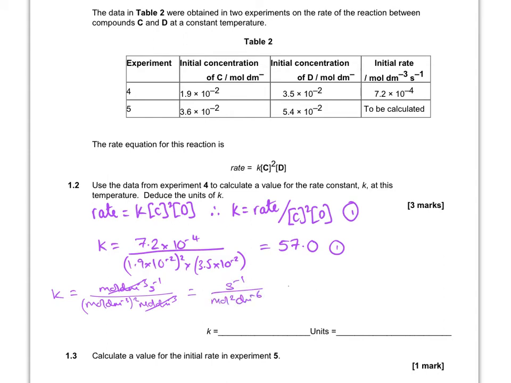If we bring that up onto one line, we end up with moles to the minus 2, dm to the plus 6, seconds to the minus 1. It's always worth helping the examiner. So if there's space for the answers, it's worth putting them in again where they've asked you. A happy examiner is more likely to be generous.